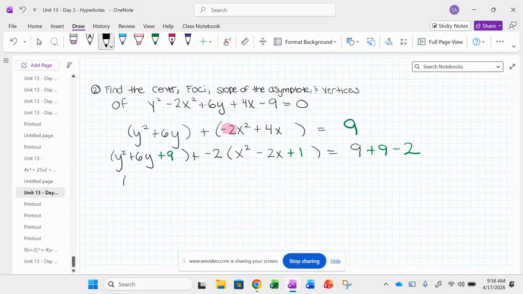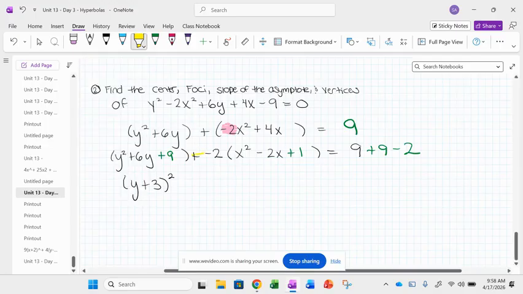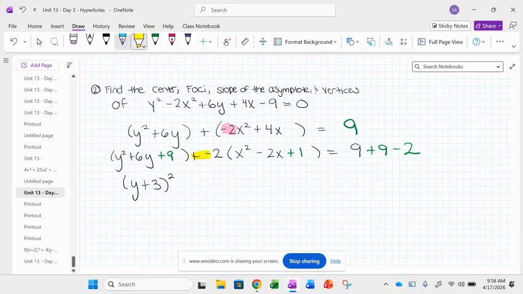And so now we complete the square. We're going to have y plus 3 quantity squared, and this plus the negative 2 is the same as minus 2 times the quantity of x minus 1 squared equals 18 minus 2 is 14. Oh, 16, not 14.